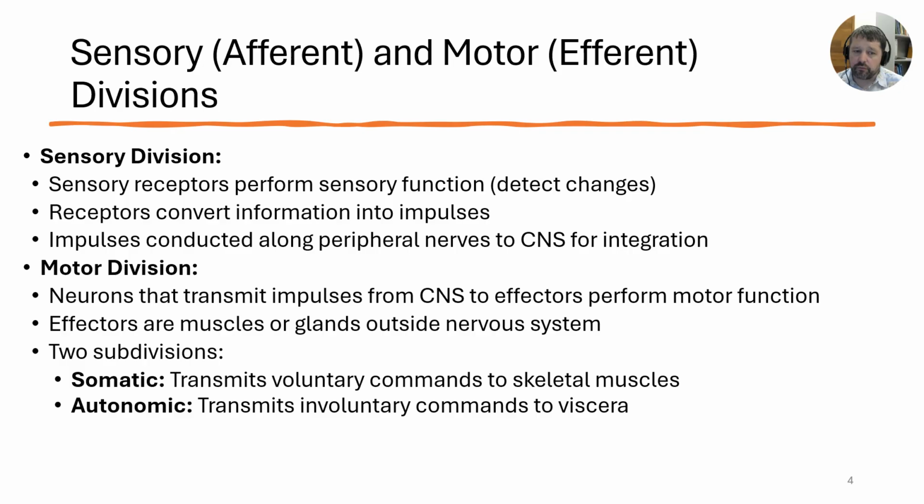So some are voluntary, like skeletal muscle, where you can alter the movement of your muscles. And autonomic means that this is controlled by internal sensory, and you really have no control over it. We'll get to the differences between these and how the nerves work differently in both cases.